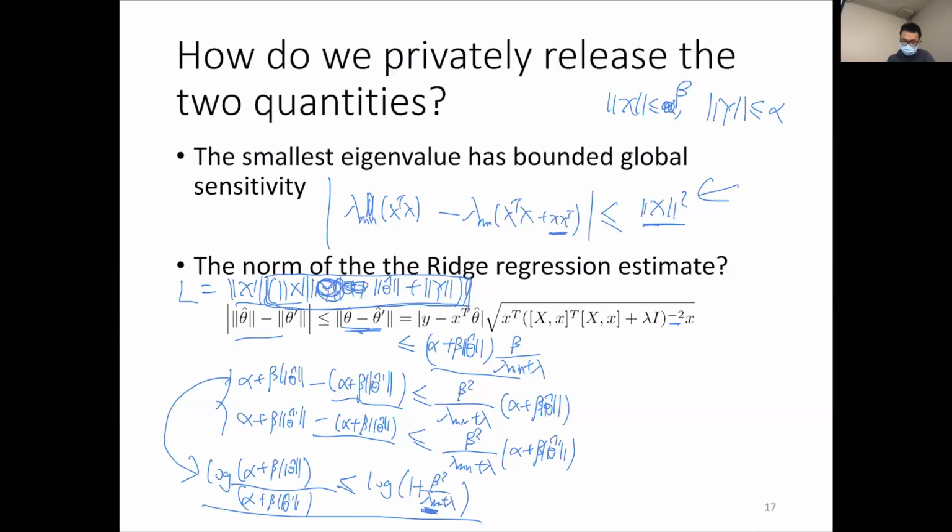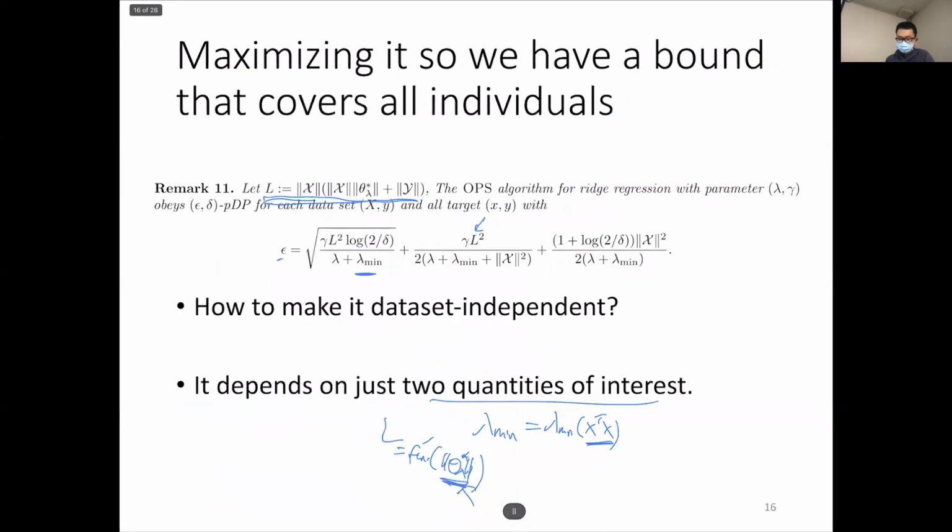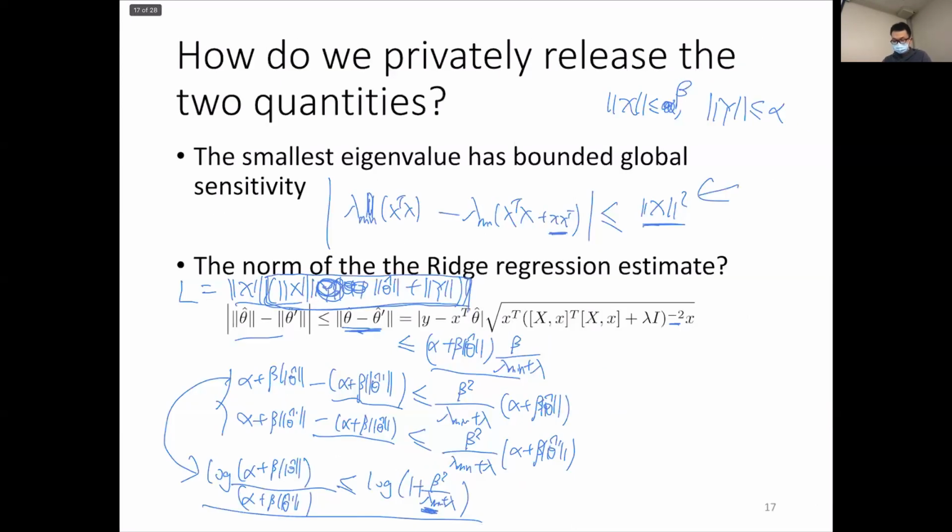And then once we release that upper bound, we can exponentiate it, and that gives us an upper bound of the quantity of interest in the result of this posterior sampling. Right.